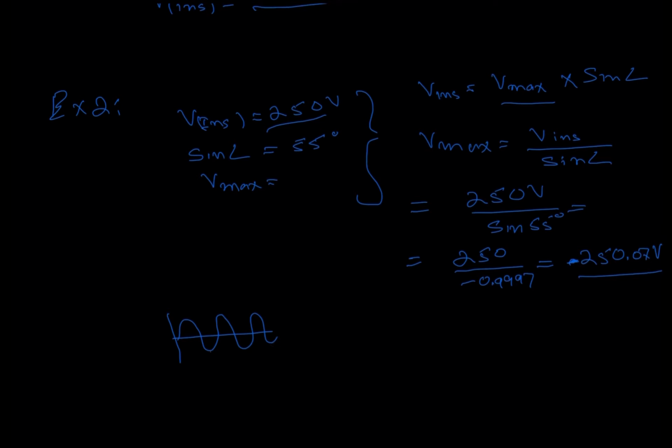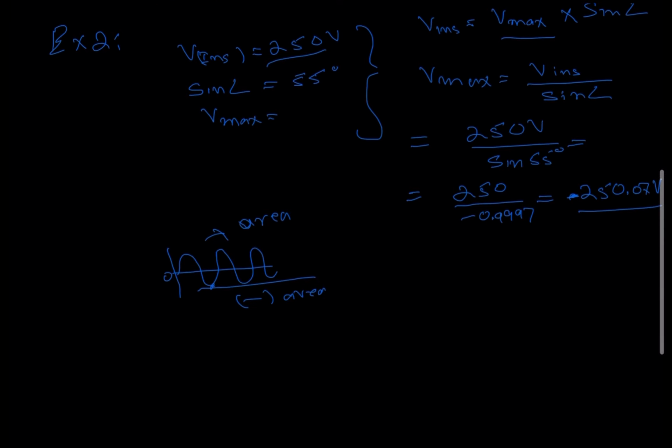So somewhere here will be our negative direction, in this line below the zero, which is the negative area, and this is the plus area. So that will be V max. Voltage at peak will be negative 250.07 volts.